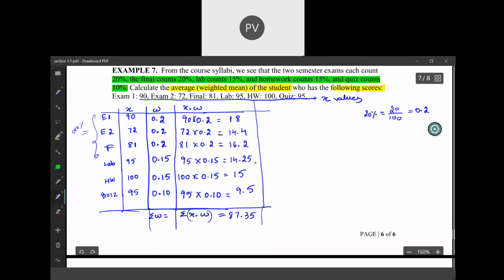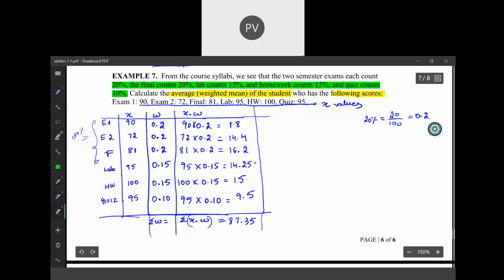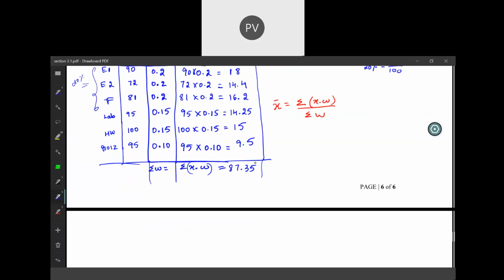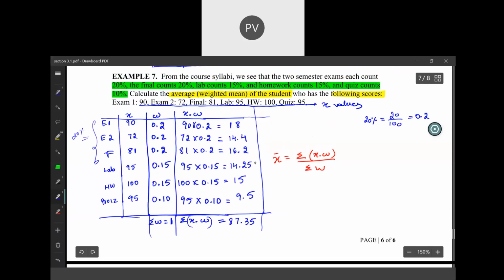Now to calculate mean, what is the formula? Summation x dot w divided by summation w. Here summation w will be the sum of all the weights, so you get the answer as 1. So 87.35 divided by 1 will be equal to 87.35.